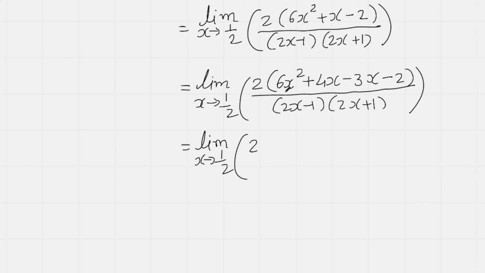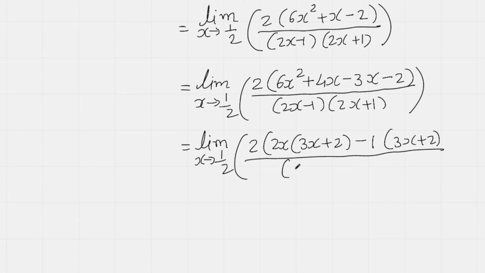We can factor out 2x from the first two terms in the numerator. So this is 2x. Inside the bracket we will have 3x plus 2, minus, we can factor out minus 1 from the last two terms in the numerator. So minus 1 into 3x plus 2, whole divided by, let us keep the denominator as it is, 2x minus 1 into 2x plus 1.